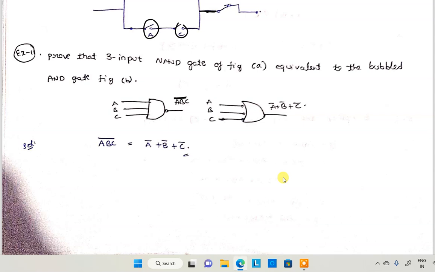The NAND gate is converted into this with the help of De Morgan's theorem. So again apply the bar: ABC whole bar is converted into A bar, here the dot is converted into plus, B bar, dot is converted into plus, C bar. This is the equivalent. The NAND gate is equivalent to the bubbled OR gate. That is an example.